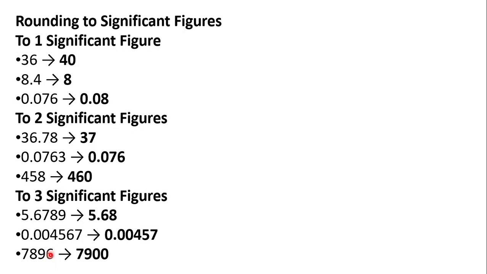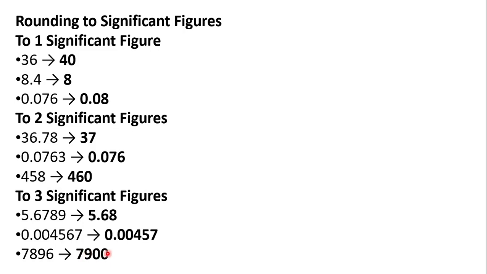If you take this as a 1, you add to 9, it will be 10. That will affect the result. So the number is going to be 7900. If you take this as a 1, you add to this, it's going to be 10. The 1 from 10 added to 8 gives 79.